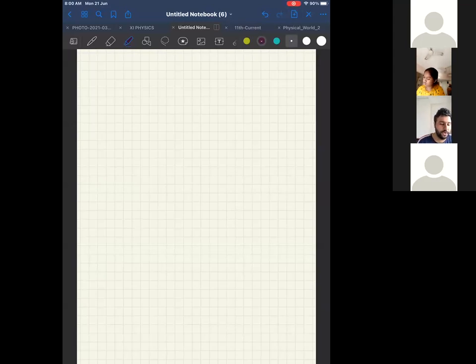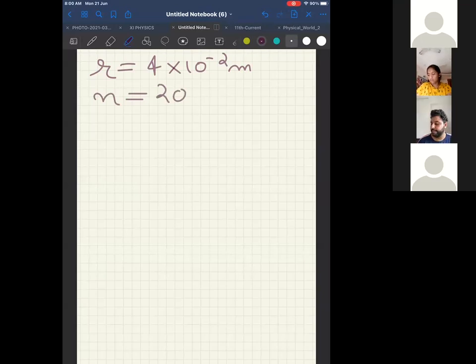A circular coil of radius 4 centimeter. So look at the screen. Radius is 4 centimeter, means 4 into 10 power minus 2 meter. And 20 turns. Therefore, N is equal to 20. Carries a current of 3 amperes. That means I is equal to 3 amperes.